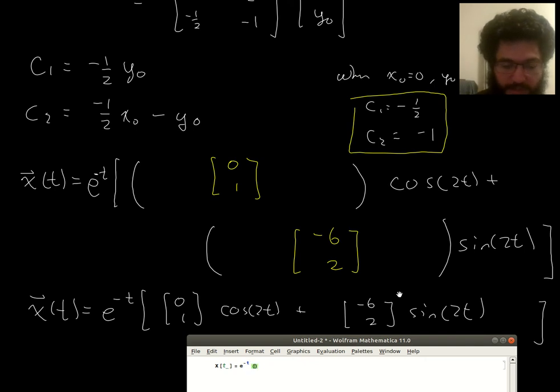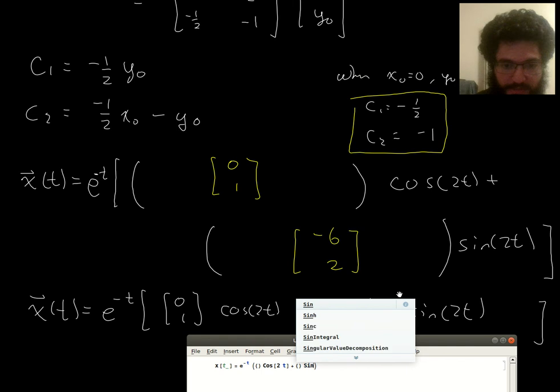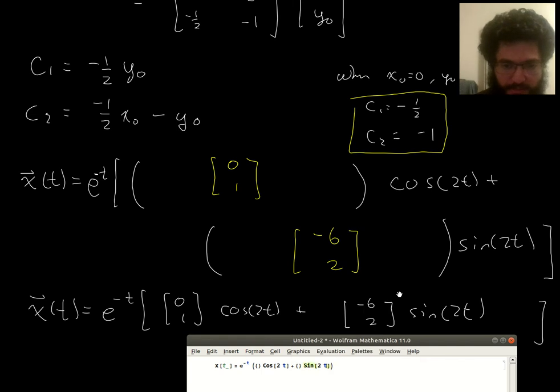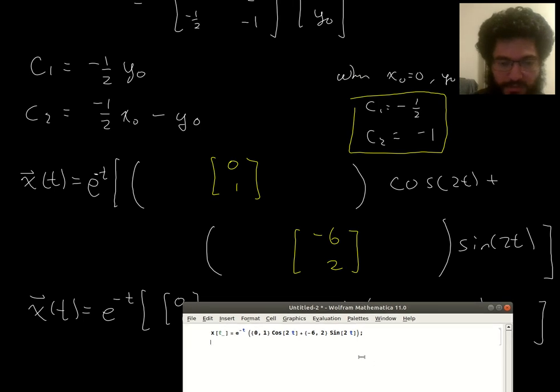In parentheses, it's some vector that I'm going to write down, times cosine 2t plus some vector times sine 2t. The first vector is 0, 1. The second vector is negative 6, 2. And then two things to check: does it satisfy the differential equation, and does it meet the initial conditions?